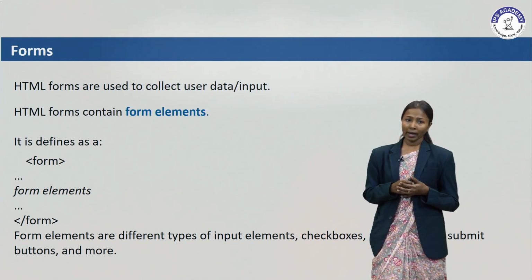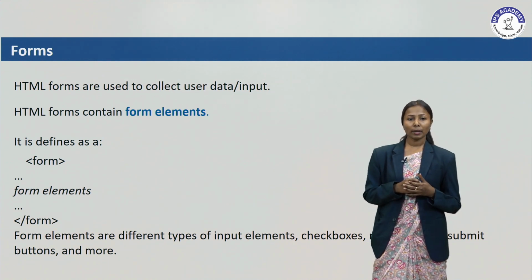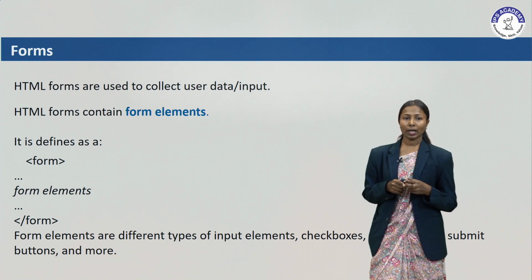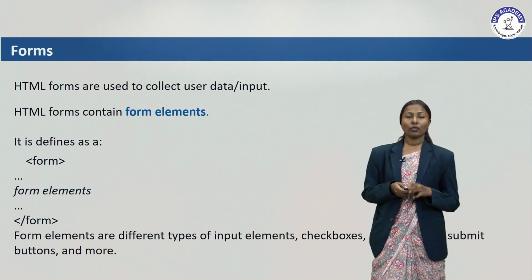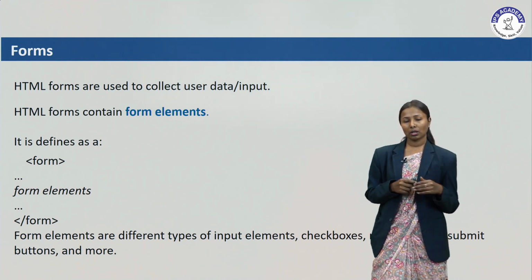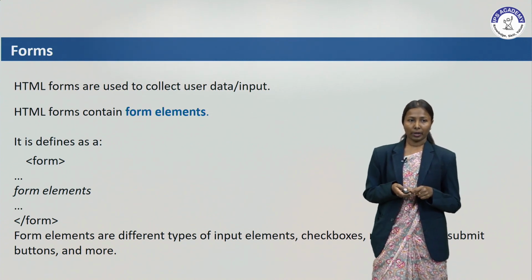The elements of a form are of different types, like the input element, checkbox, radio button, submit button, etc. In today's lecture I am showing you all the elements of a form, one by one.